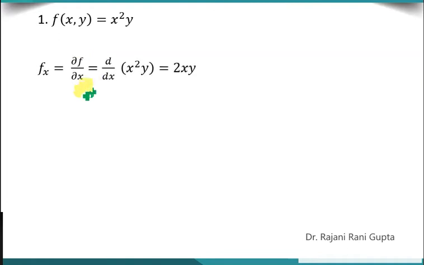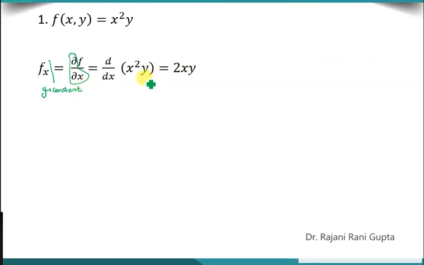For example, if we have f as a function of two variables x and y, x square y. Now if we want to find the change in f with respect to x, we first denote it by partial x, which is d by dx of x square y. Now we know that since we are finding the change with respect to x, we need to consider y as a constant.